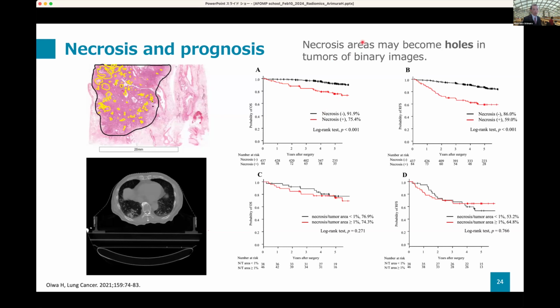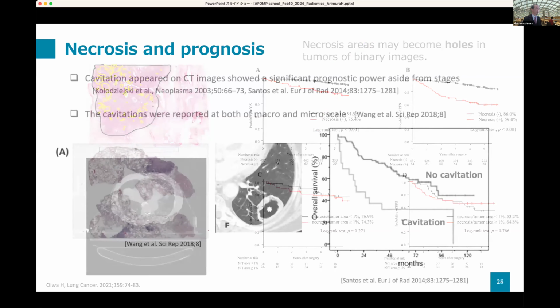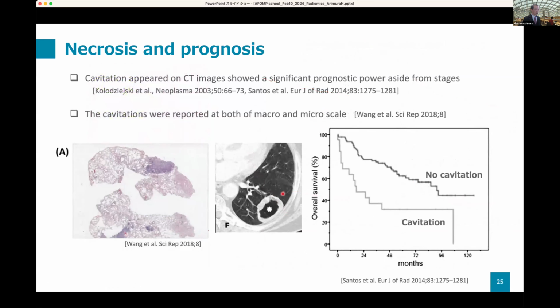So necrosis areas may become holes in tumors in binary images. And this is another evidence: if the cancer has a cavitation, the patient has a high survival risk like this.